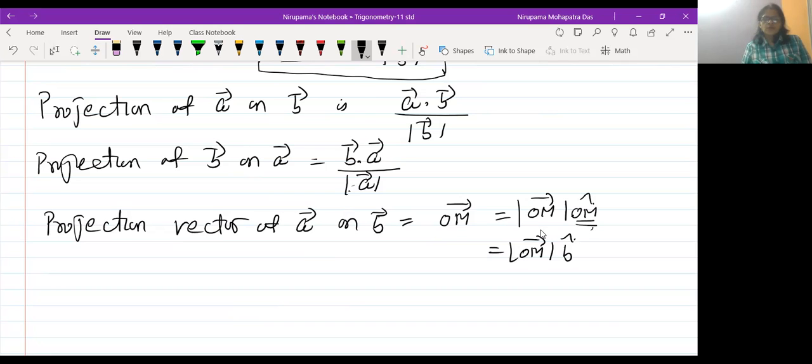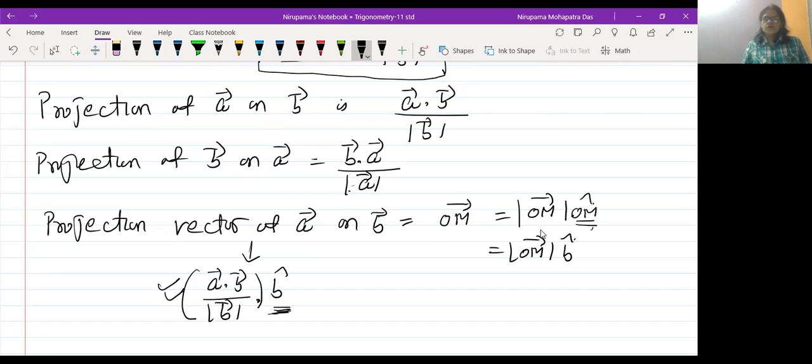So the projection vector of A on B is A dot B by magnitude of B into B cap. This gives you the magnitude of the projection, and the direction is along B, so it is B cap.